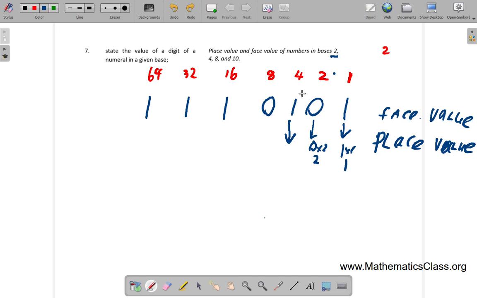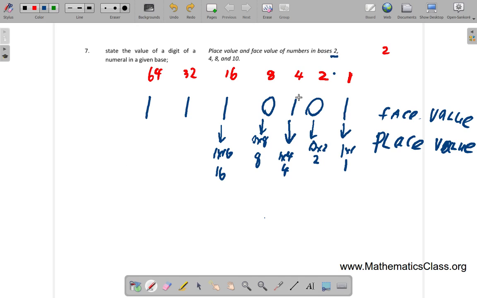The place value of it is 1 four, which is 1 times 4, which is 4. The place value of this 0 is 0 eights, which is 0. The place value of this is 1 sixteen, which is 16, and then 32 and 64. But you get the idea, right?